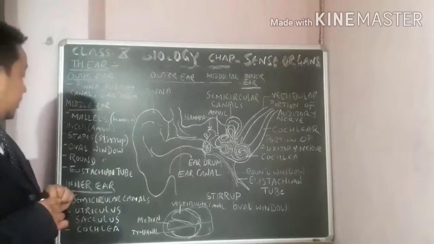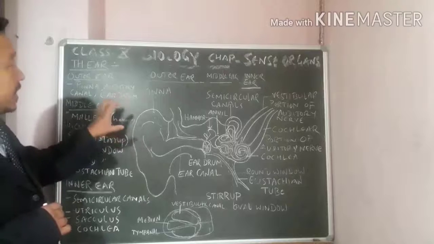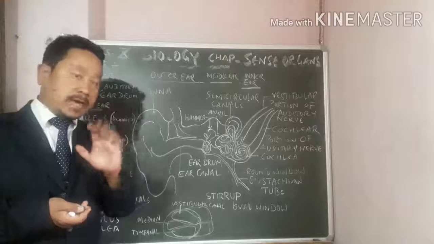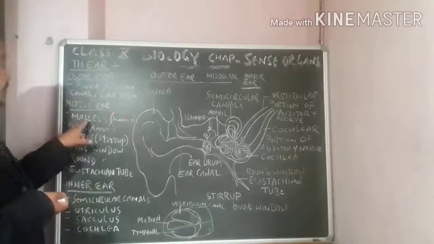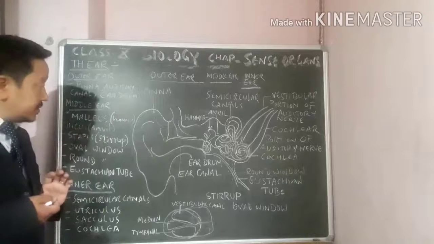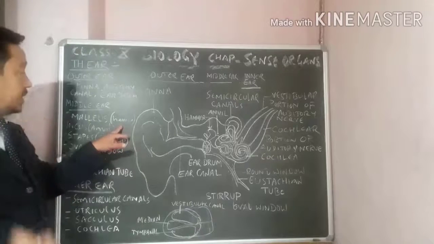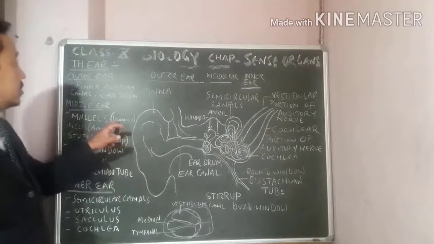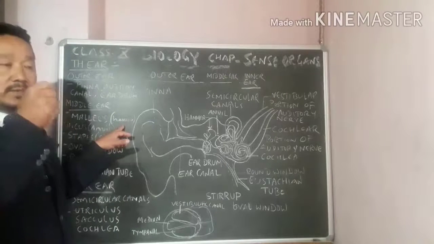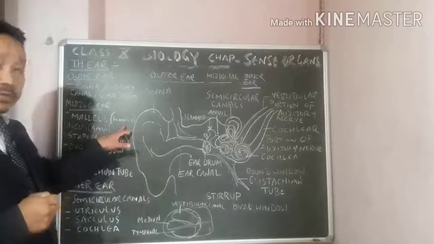They are not mentioned here, but they are collectively called ear ossicles. And they are the malleus, M-A-L-L-E-U-S, malleus, which is commonly also known as the hammer.